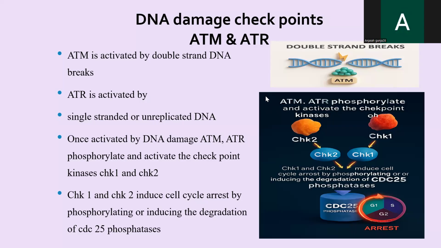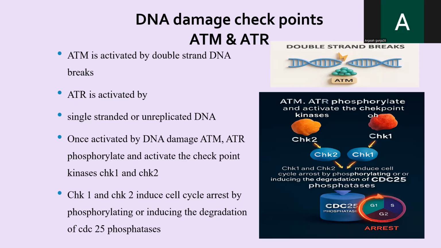So DNA damage checkpoints. We are in DNA damage checkpoints, ATM and ATR, and how they are activated. They are activated by double strand DNA breaks. ATR is activated by single strand or unreplicated DNA. Once activated by DNA damage, ATM or ATR phosphorylate and activate the checkpoint kinases. CHK means checkpoint kinases.